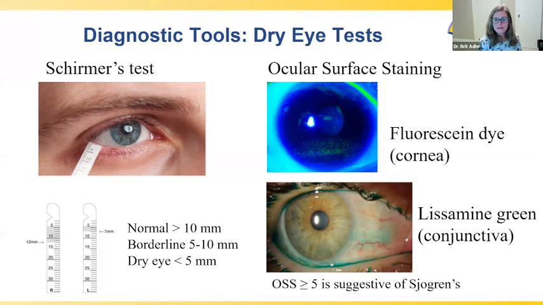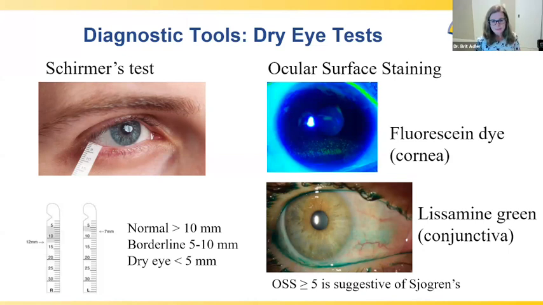It looks at the integrity to determine if there's any damage from the dry eye. Two dyes are used. Fluorescein dye is used to assess the cornea integrity, and lissamine green is used to assess the conjunctiva integrity.